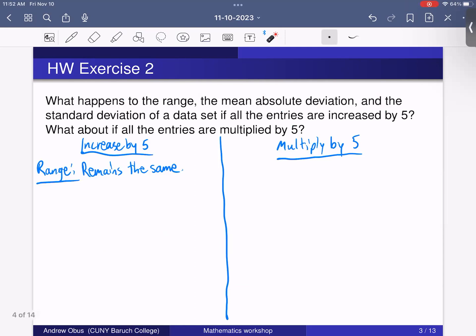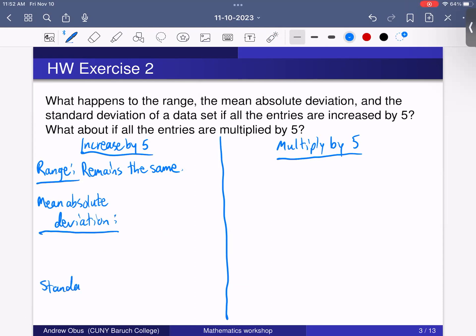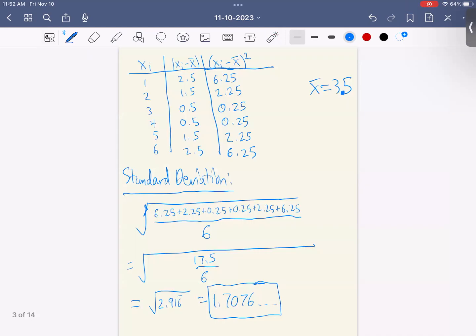What about the mean absolute deviation? That's maybe not quite as straightforward. I'll put that there, and then I'll put standard deviation here. To answer this question about the mean absolute deviation, let's go back and look at our table.